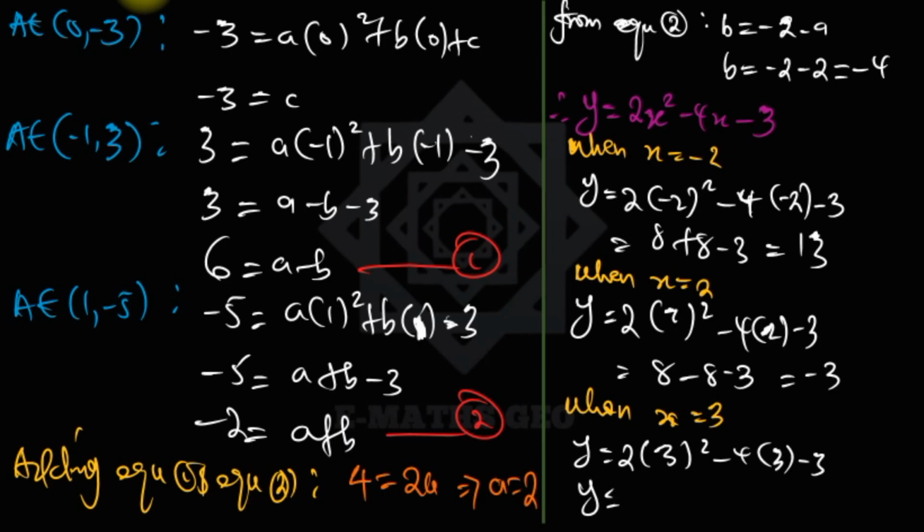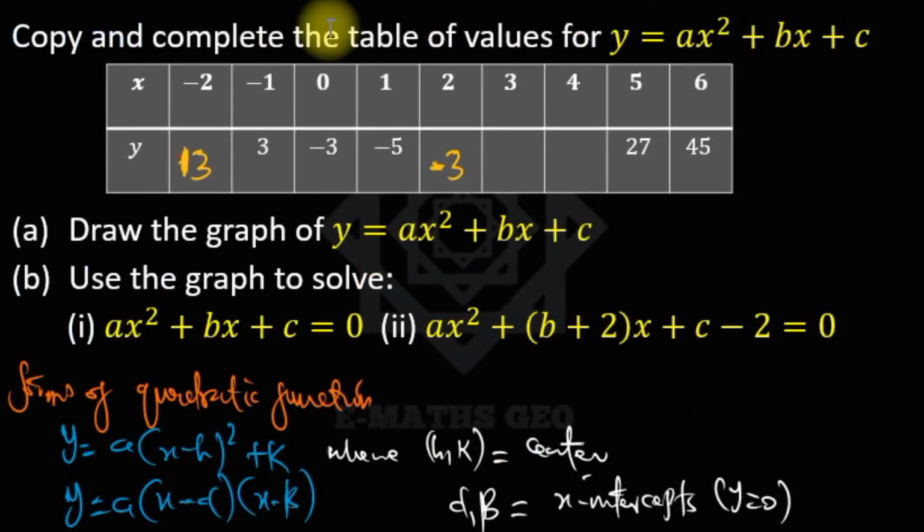So y is equal to 18 minus 12 minus 3. That's 18 minus 15, that should be 3. So when x is 3, y is also 3. We'll write 3, 3.